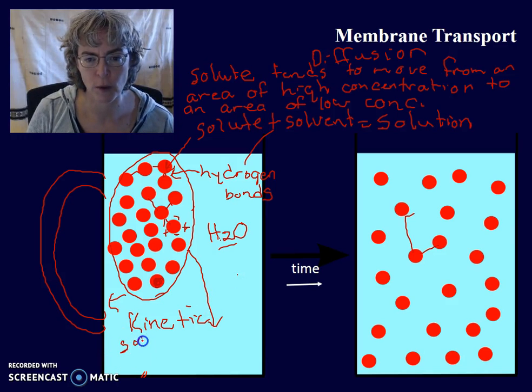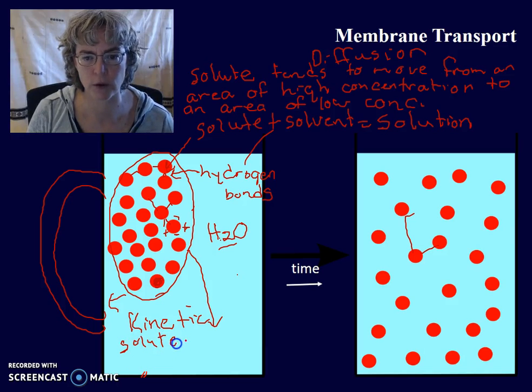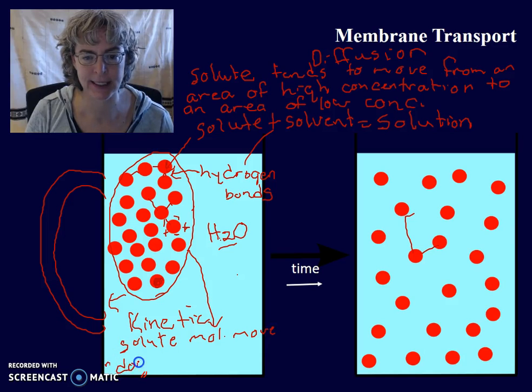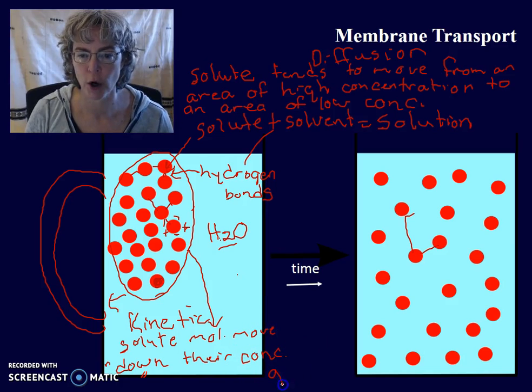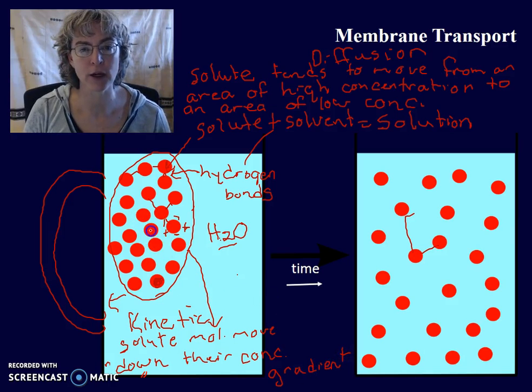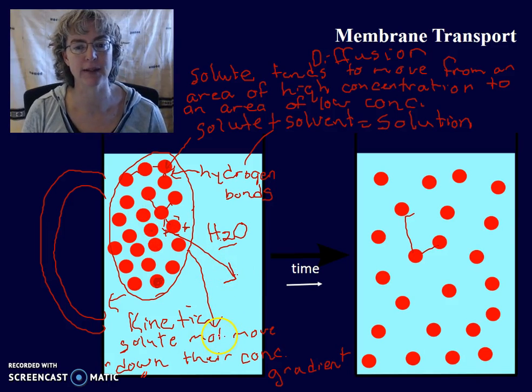So solute molecules will move down their concentration gradient. I'll abbreviate that, concentration gradient. So moving from high concentration to low concentration is moving down their concentration gradient.